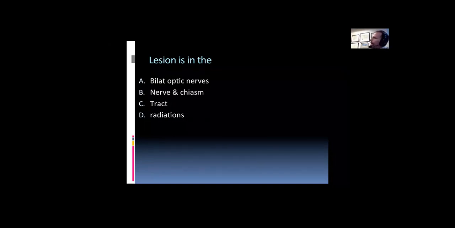The optic tract is between the chiasm and the lateral geniculate body. All right, I'm giving you guys a little more time to vote. 5 more seconds. 5, 4, 3, 2, 1. I'm going to end the poll and show you the results.